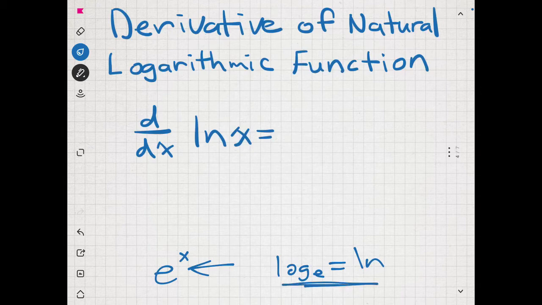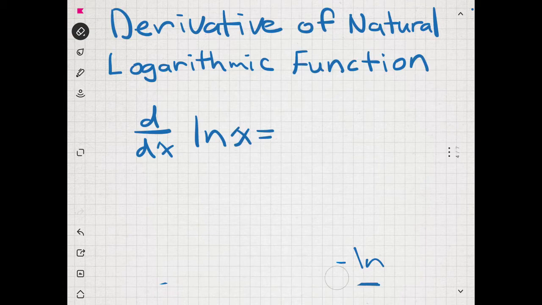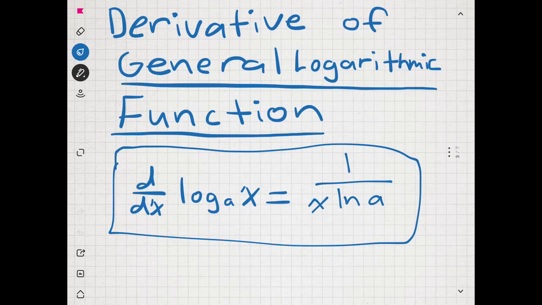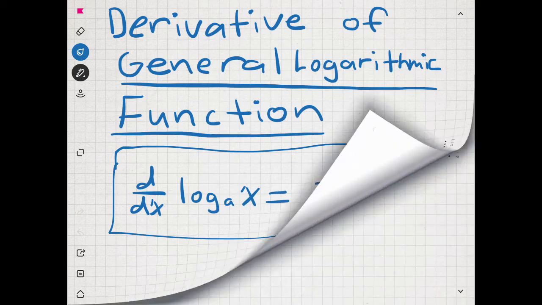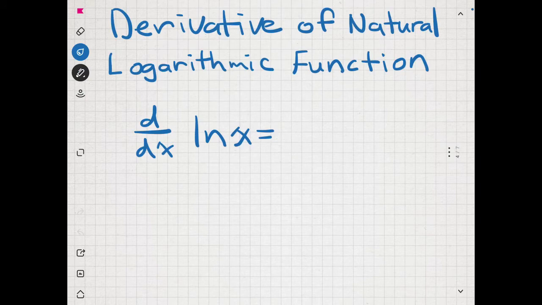They're equal. So now let's look at the derivative for ln x, because while the earlier rule is applicable to pretty much all general logarithmic functions, the only exception is the natural logarithmic function, i.e. when the base is e.